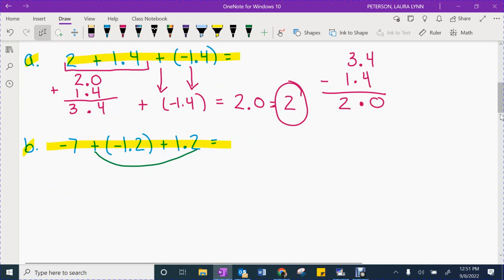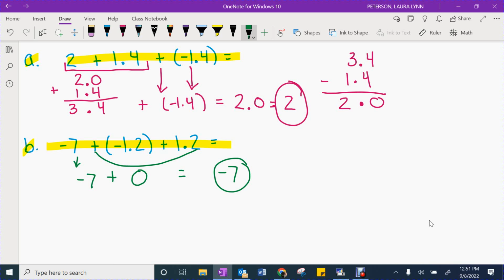And if you remember, opposites always equal, I hope to hear you say in your head, 0. So this actually automatically cancels out to 0. So all I have left is negative 7 plus 0. And that is just negative 7. If you didn't trust that, you can go through the traditional method and you'll get the same exact answer.